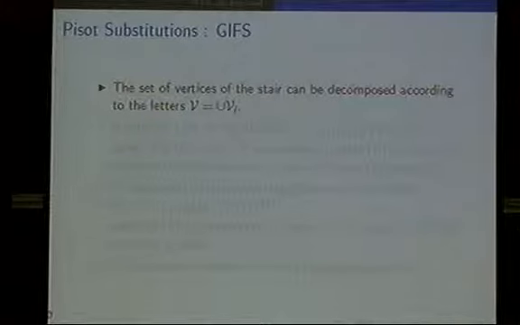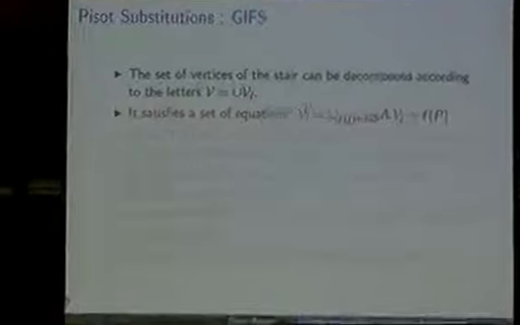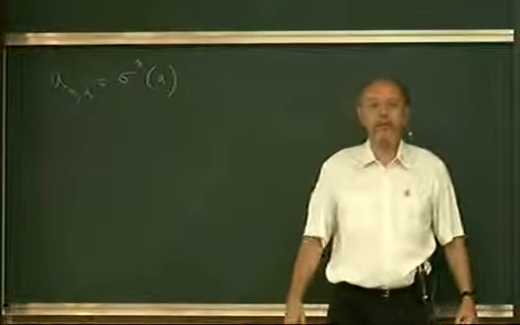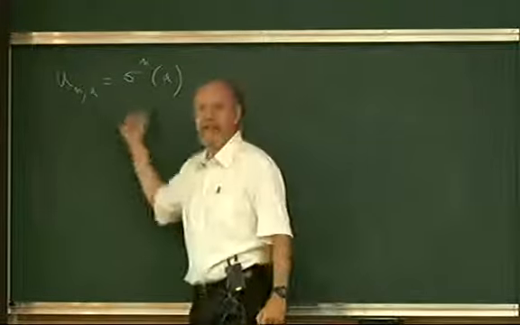And now, this set of vertices satisfies a set equation, and the set equation is a very simple one. It just says something like this. This comes again and again. If you write U_n(A), if you take the letter A and iterate sigma on the letter A, you get a sequence of words U_n(A).